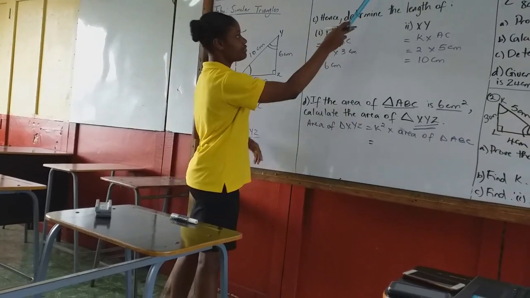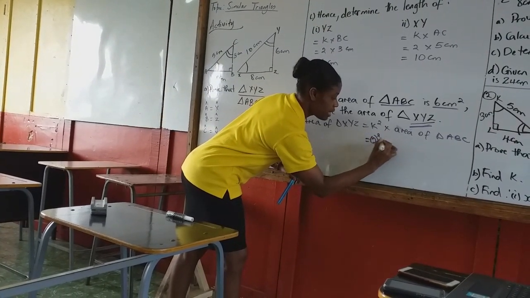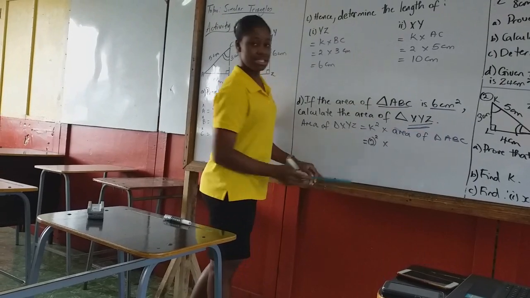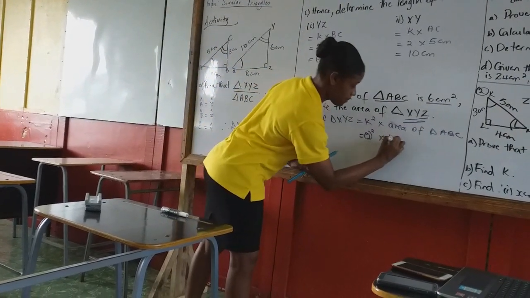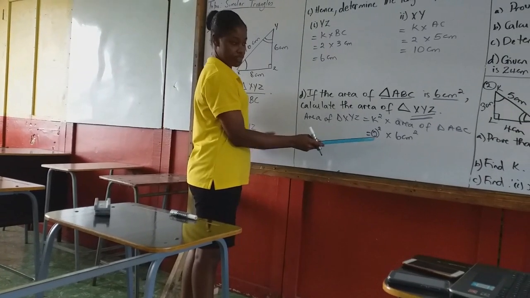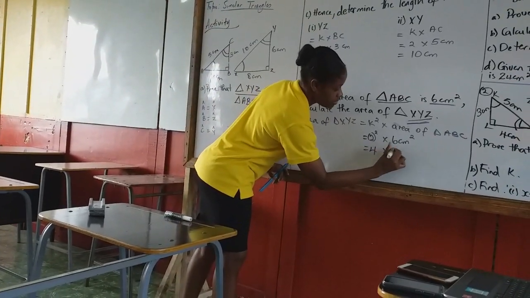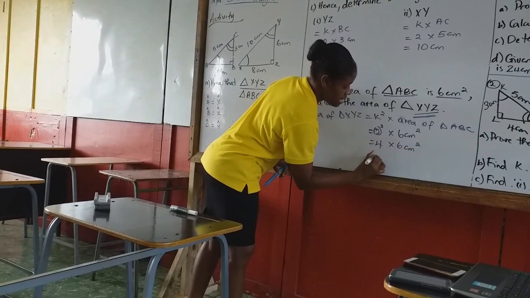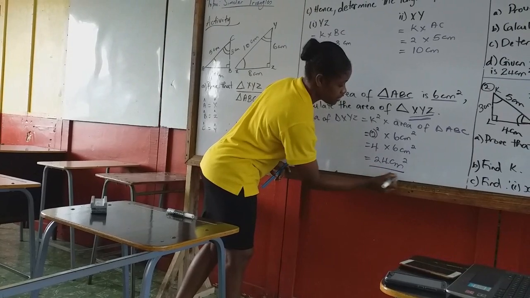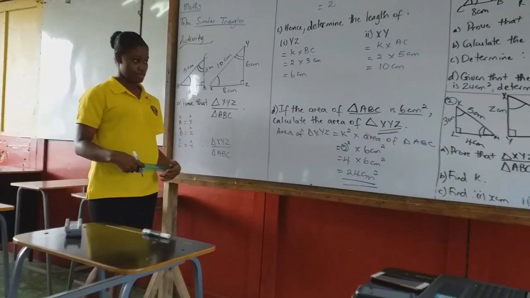Previously we found K to be 2, so that's 2 squared multiplied by the area of triangle ABC, which is 6 centimeters squared. When we square 2, we get 4. That's 2 times 2. 4 multiplied by 6 centimeters squared gives us 24 centimeters squared. Now that is it for the area of the triangle.